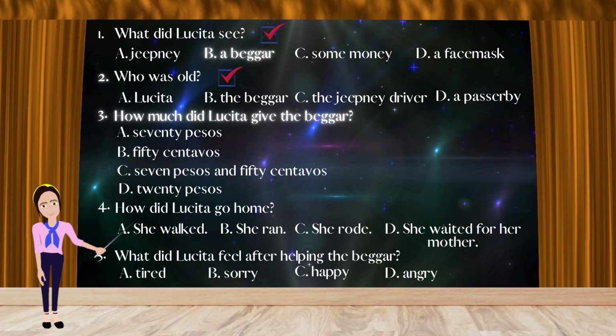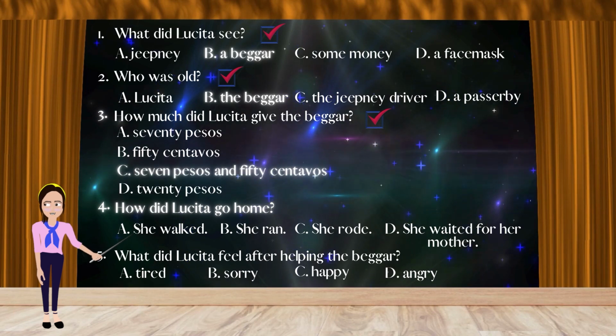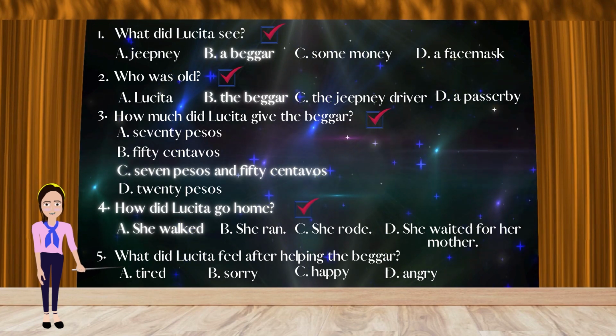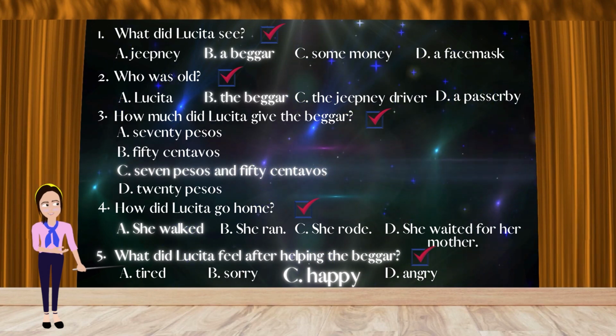Number 3, the correct answer is letter C. 7 pesos and 50 centavos. For number 4, the correct answer is letter A. She walked. And for number 5 question, the correct answer is letter C. Happy.